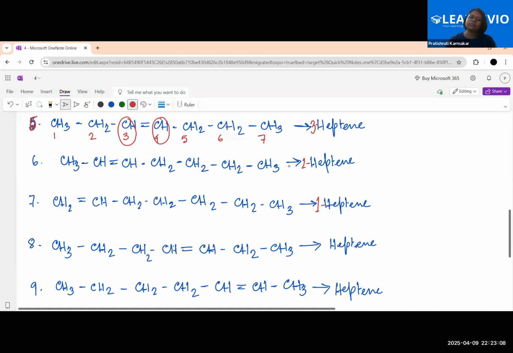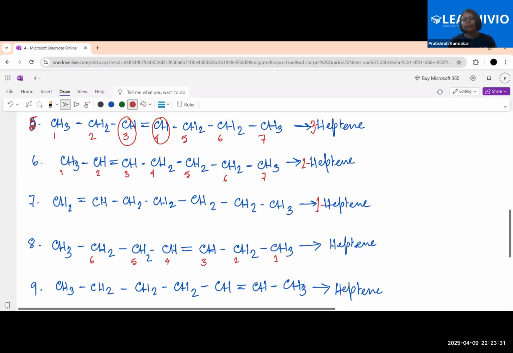Then the eighth one is, from the right side, 3-heptene. Very good. For the eighth one, you have to start counting from the right side, because from the right side it gives the lesser number.